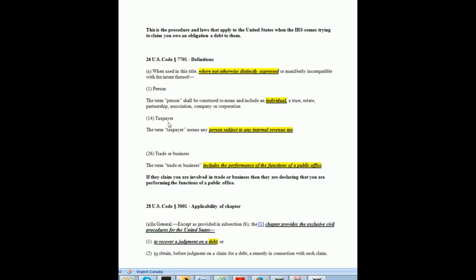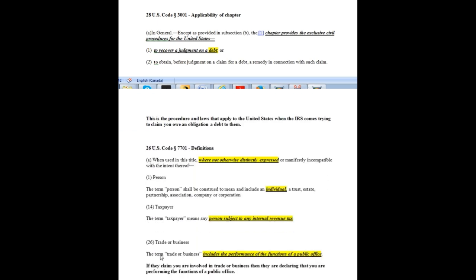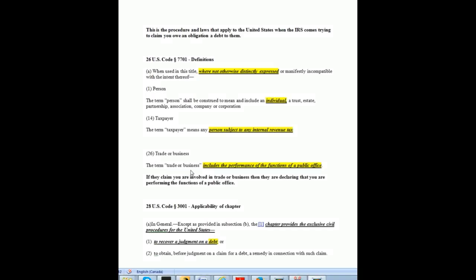And taxpayer. The term taxpayer means any person subject to an internal revenue tax. And in this section, in definitions, the word trade or business. The term trade or business includes. Now notice that word. When you use the word includes, it closes off the definition. If they used the word including, it would have left the definition open.